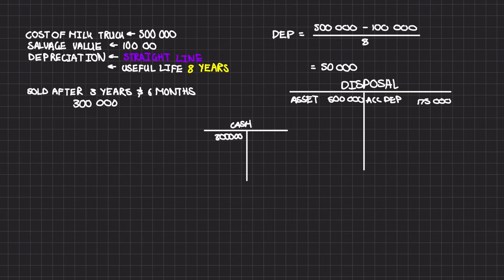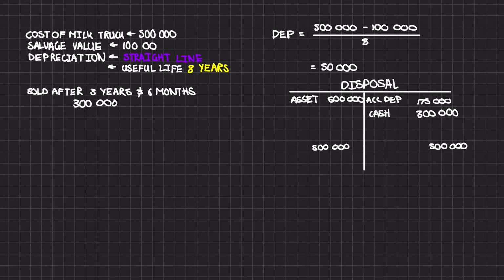Okay. And that would have been part of the sale, right? But we know that the sale is part of the disposal. So we come here and we say cash, and we're going to say 300,000. Then in your disposal account, you want it to balance. So you want 150,000 on both sides at the bottom.